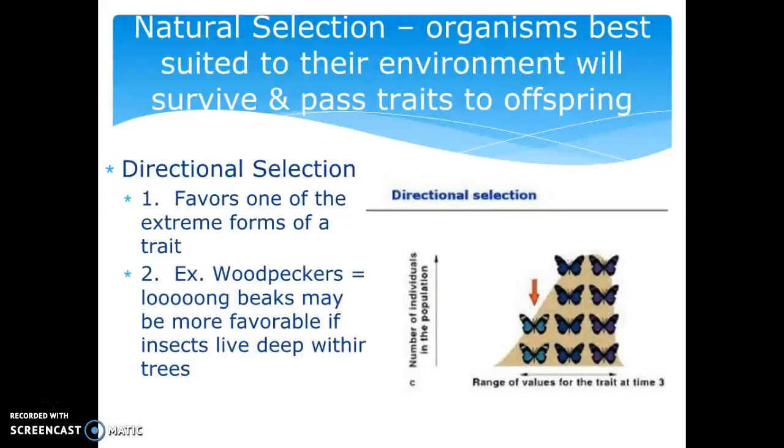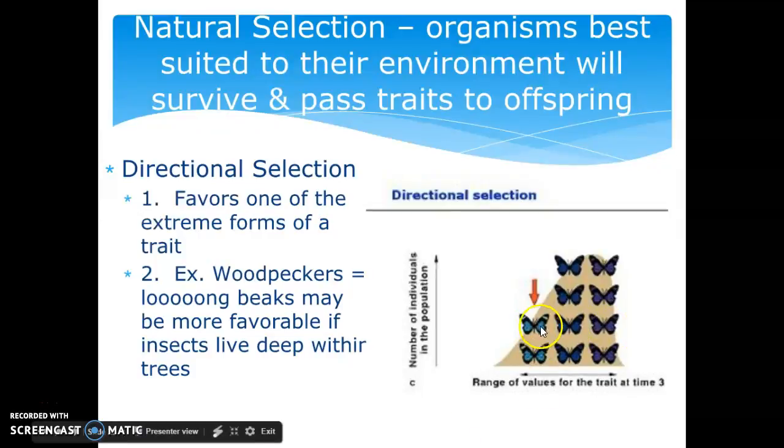The next type of natural selection is directional selection, and it favors one extreme. So in this example here, it's going to favor this side of the hump. Okay? So in real life, this could be woodpeckers with long beaks, maybe more favorable if insects live deep within their trees. Okay? You could go this way too.